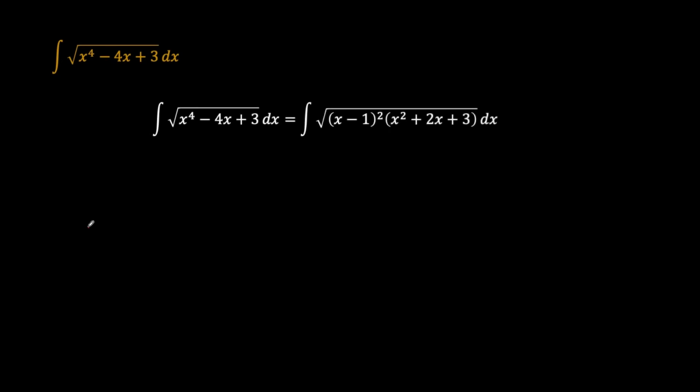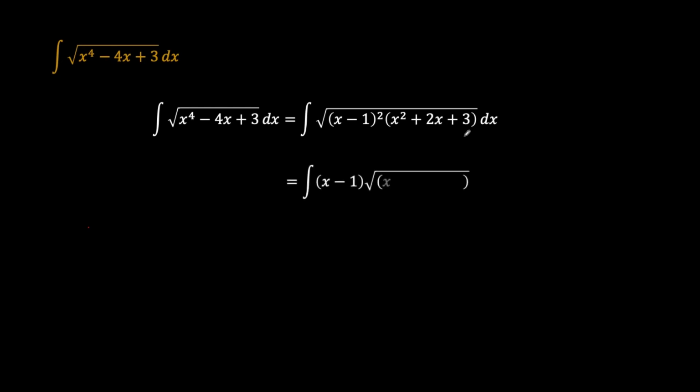The first thing with this problem is you just want to try to factorize whatever is inside the square root sign. And by long division, you soon understand that whatever is under the square root sign is x minus 1 squared times x squared plus 2x plus 3, right?